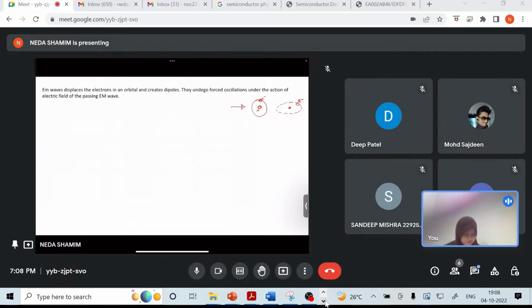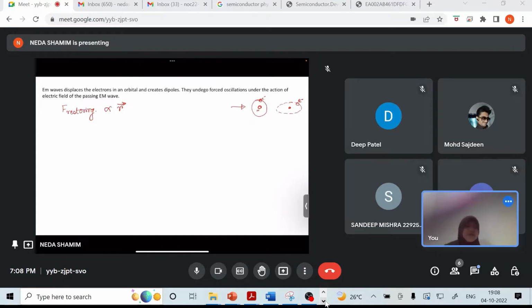When this happens, what will be the force acting on these dipoles? First of all, there will be an elastic restoring force that would be proportional to the displacement.